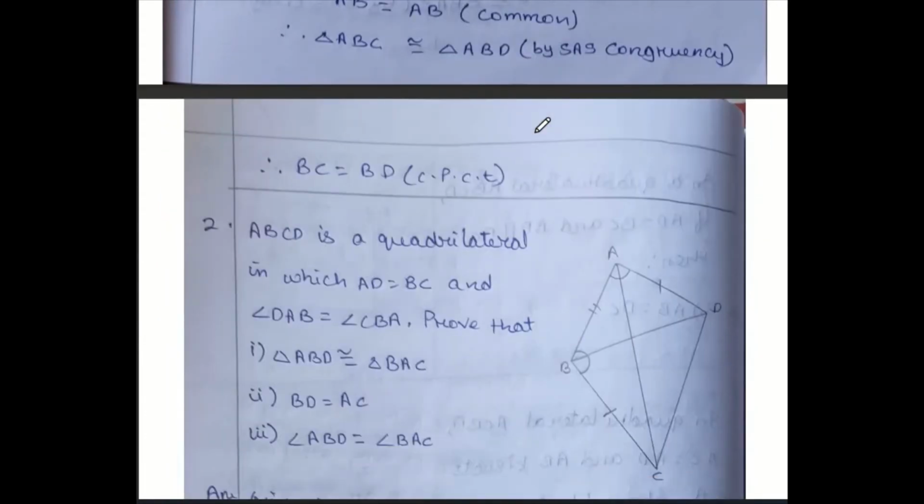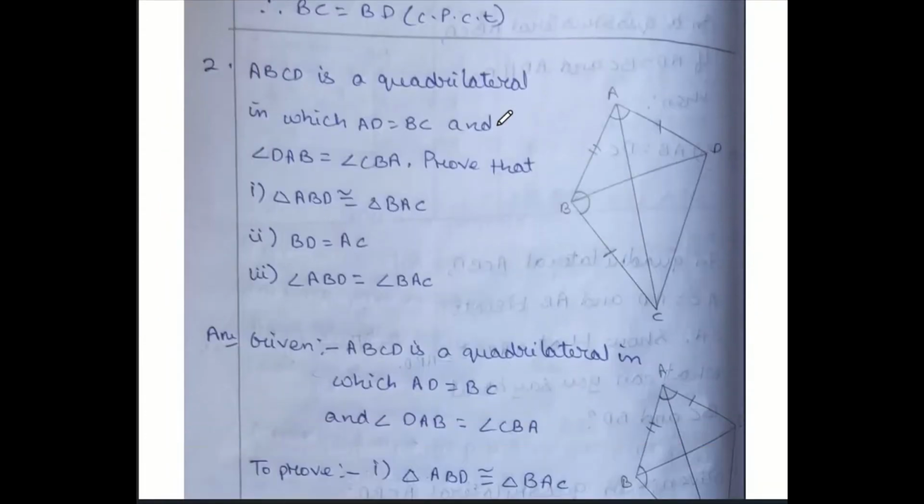Now question number B, second question. This is the complete question. The diagram is also given in the question itself. This is your question. They are asking three questions. ABCD is a quadrilateral in which AD equals BC. AD and BC, you can see the single marking, both are equal.